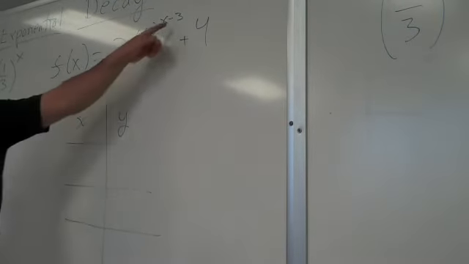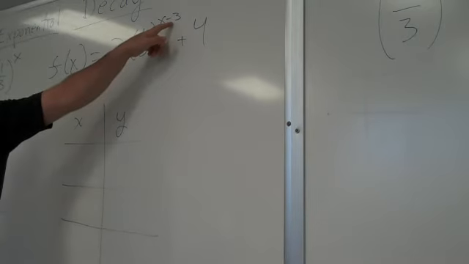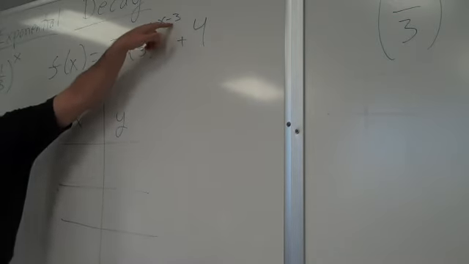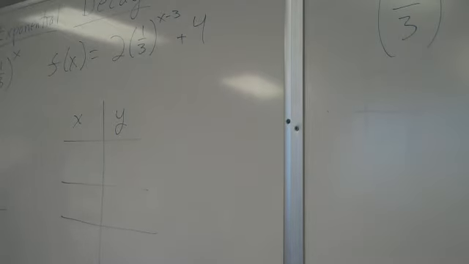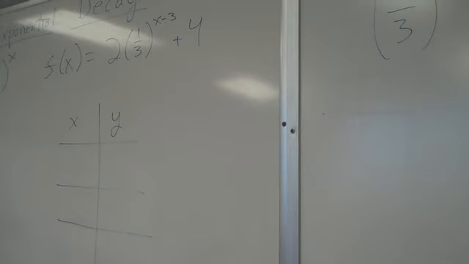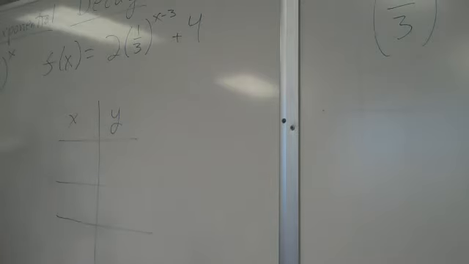I'm interested right now in what happens to the x's with this -3. This -3 is the k. K stands sort of for counterintuitive shift. So instead of subtracting 3, we add it.